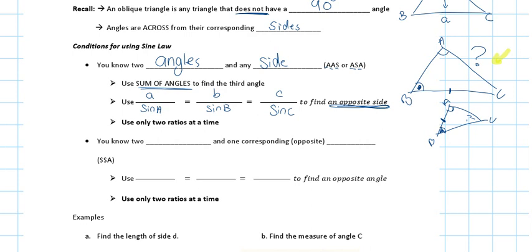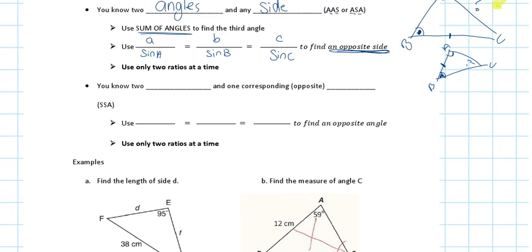Now, if you know two sides, in the first case you know two angles. In this case you know two sides and one angle, but it must be an opposite angle to one of the sides.